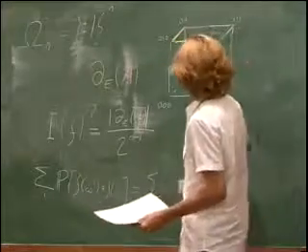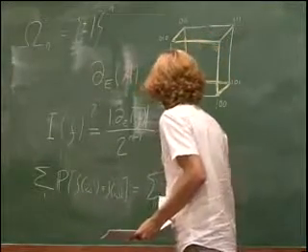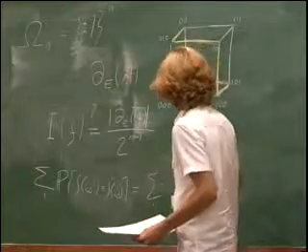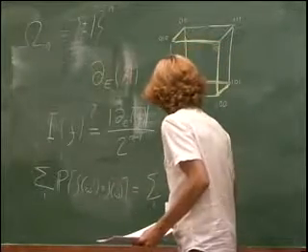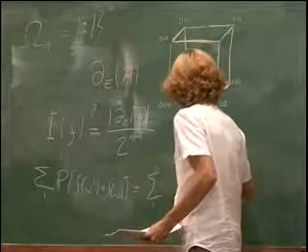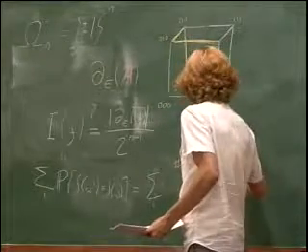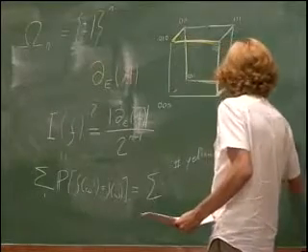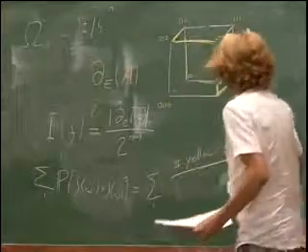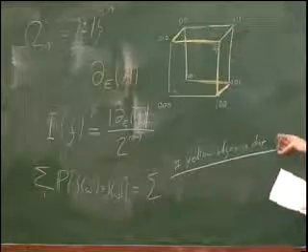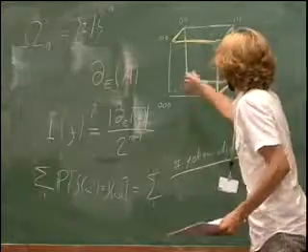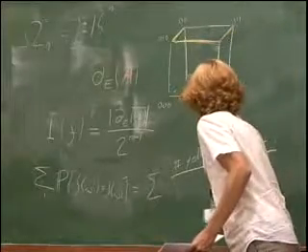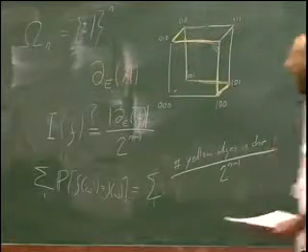So the number of pivotal edges, the number of yellow edges in direction i divided by the number of edges in direction i altogether. The number of edges in direction i is obviously 2 to the n minus 1.